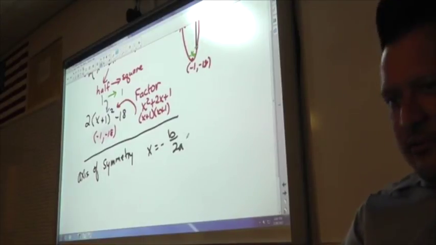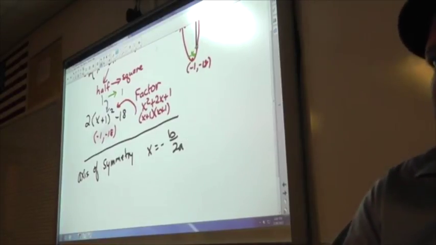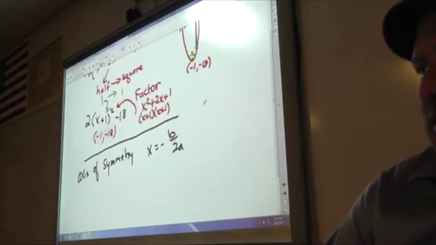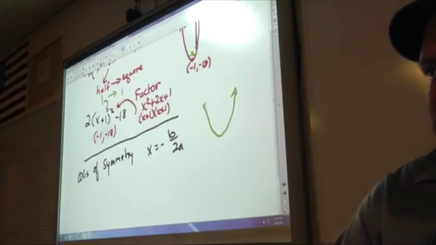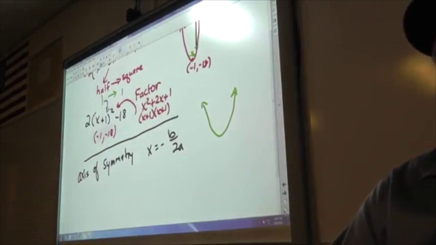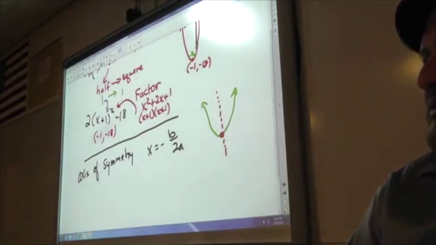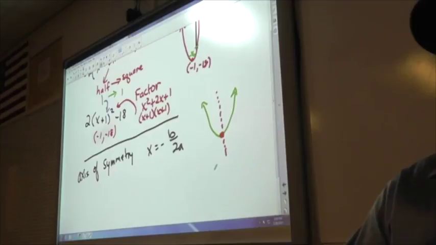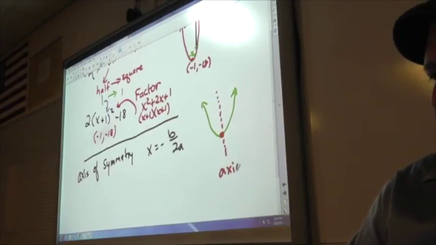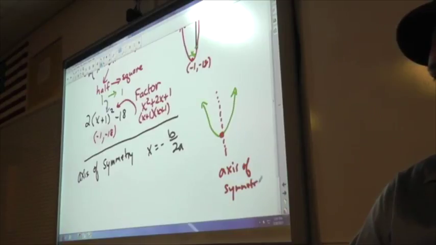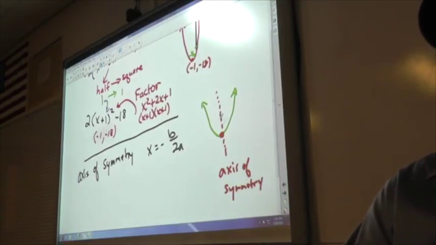Okay. Now the reason the axis of symmetry is important is because when you have a parabola, the vertex is on the symmetry. So imagine that was symmetric. This is the axis of symmetry. This is like your belly button, right?